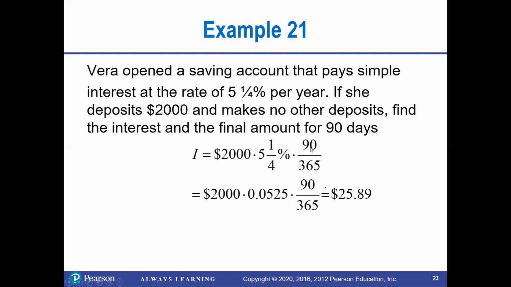So 90 days would be 90 out of 365 days, okay, which means you have to find that fraction. Now your calculator can do this for you, and you get $25.89, which means the total amount after 90 days they're going to have to pay is $2,225.89. That's amount plus interest. Okay.